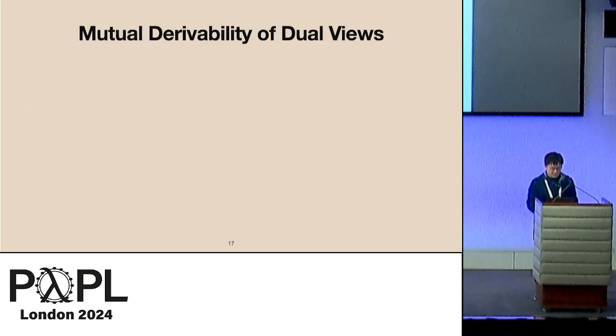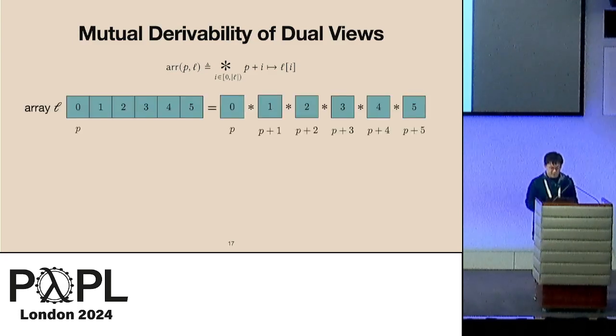Now I will give an intuitive explanation on the mutual derivability between the two views. Actually, in many separation logic frameworks, the representation predicate of array is in general equivalent to the separating conjunction of some contiguous memory cells. From this perspective, the example array L can be regarded as the separating conjunction of its 6 elements.